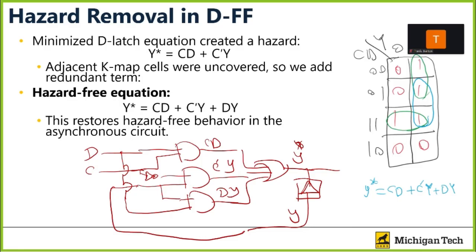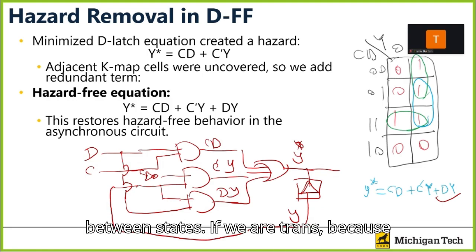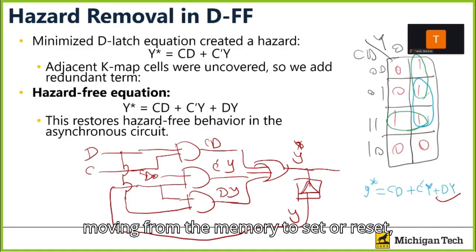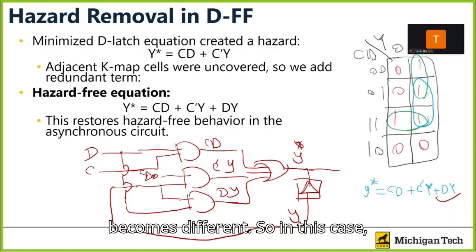And actually using this consensus term is this one. This consensus term is kind of smoothing out the transition between states. The glitch happens when you are transitioning between states, when you are moving from the memory to set or reset, when you are changing and transferring the state, meaning this Y star and Y become different.